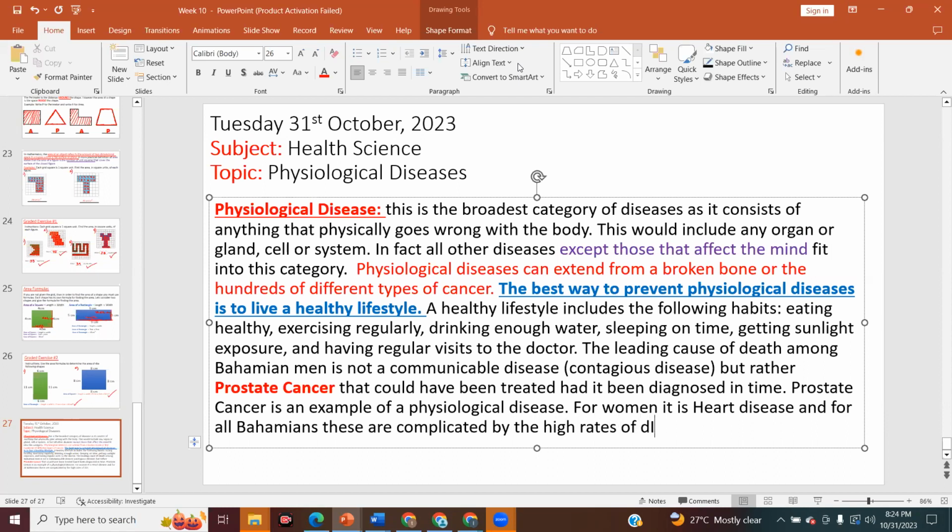Now, what is diabetes? When your blood sugar is high. Very good. When the blood sugar is high. Diabetes. We call that sugar.